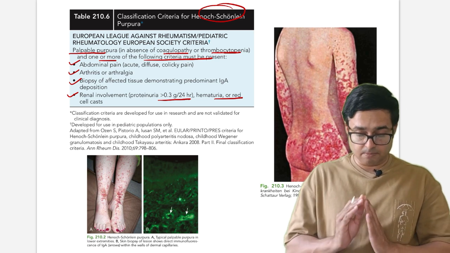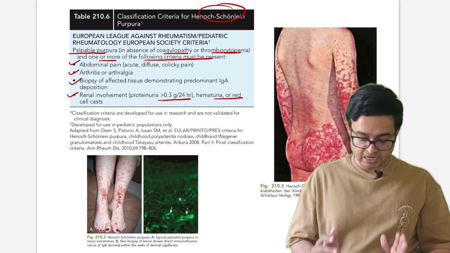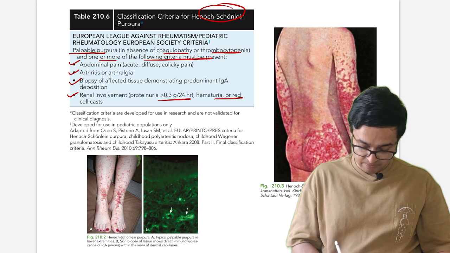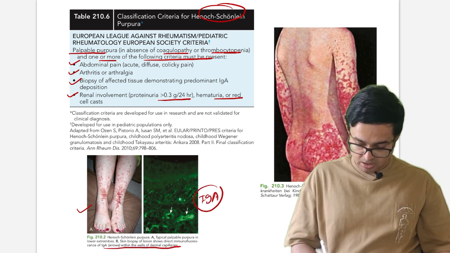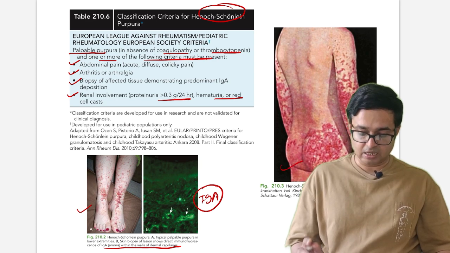Just mug up these criteria, very important. This image has been asked multiple times. These are palpable purpura. This is a skin biopsy showing direct immunofluorescence IgA in dermal capillaries. So this is IgA deposition, and these are classically HSP rashes. So this image has been asked multiple times.